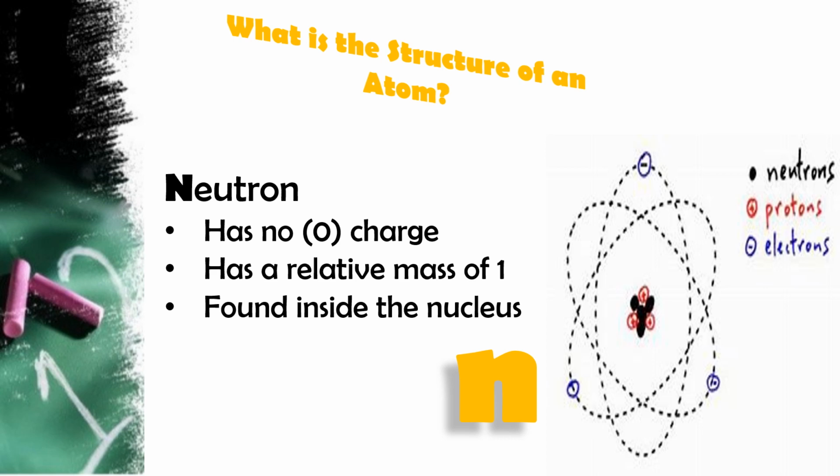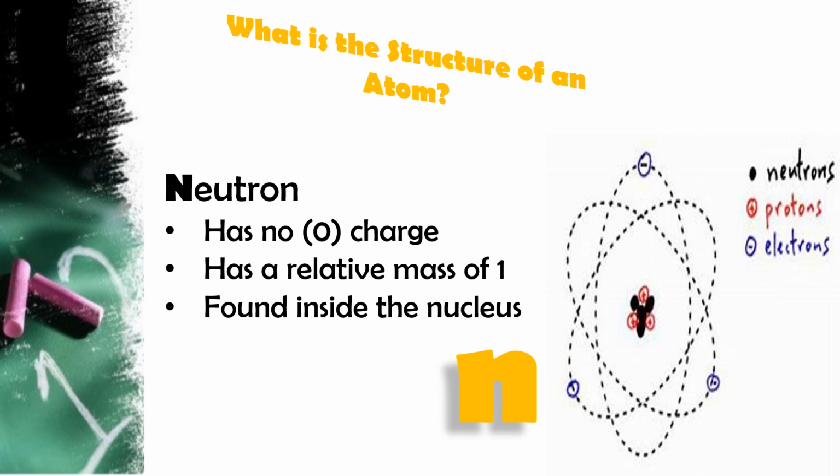Now, how about the neutron? Neutron has 0 charge, meaning it is neutral. It has a relative mass of 1, and it is also found inside the nucleus. So again, proton and neutron, their home is the nucleus.